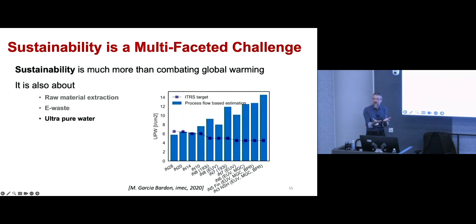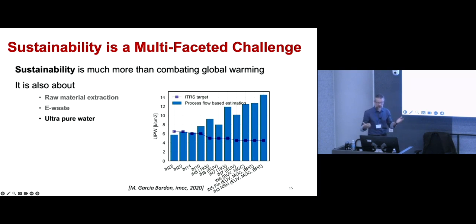Also, in the process of manufacturing the IC devices, we need a huge amount of water. I will be showing a graph next, coming from IMEC, which is a semiconductor research institute in Belgium.